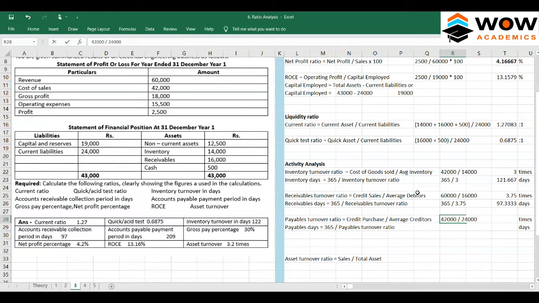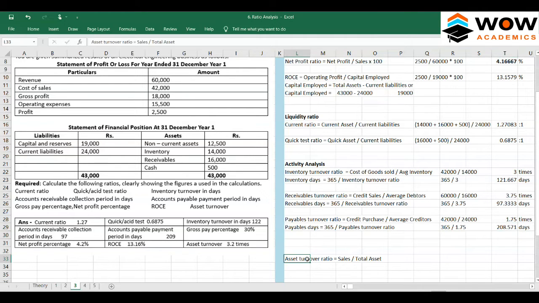So we can solve it. So we got the numbers.